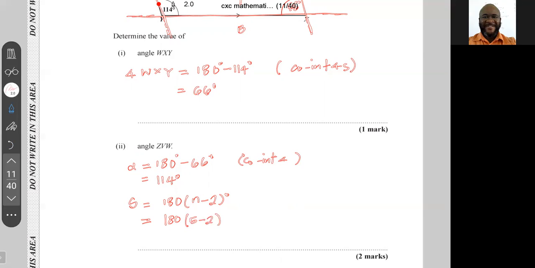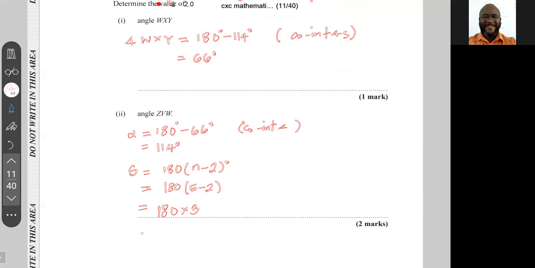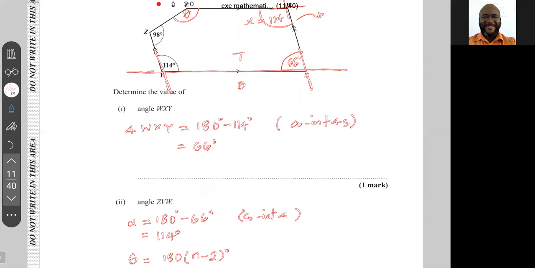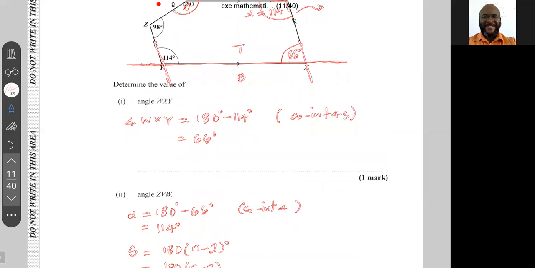This is a pentagon, it has 5 sides. So this is equal to 180 multiplied by 3. What is this, 540? So the sum of the interior angles of the pentagon is 540. It means if I add up all 5 angles, I'm going to get 540.